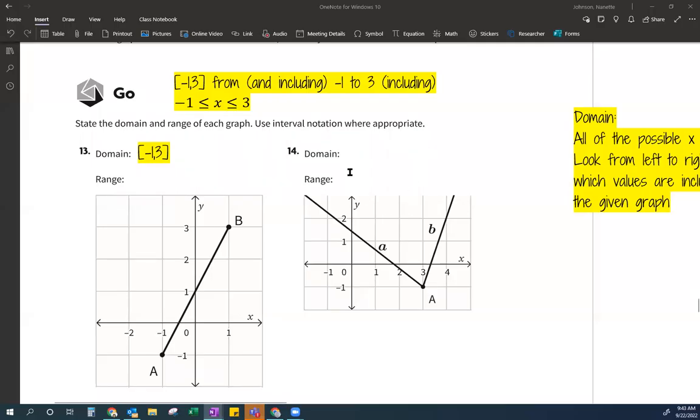Okay, so for number 14, this one's not as obvious, because here I had a beginning point and an end point, so I had a definite -1 to 3, done, right? But here it looks like they took a zoomed in picture of a function, and I don't know how far it goes out, right?